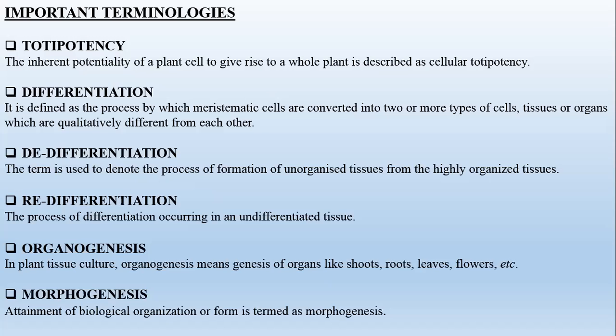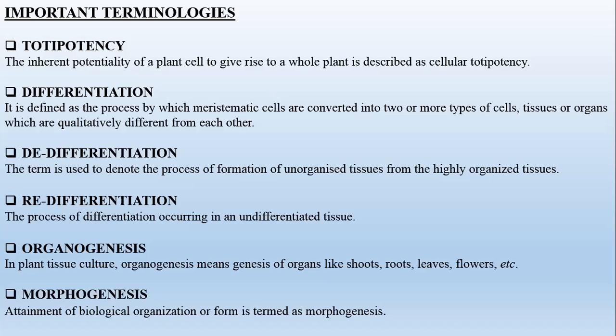Organogenesis. What is this organogenesis? As we know, genesis is the starting of a particular process or a developing process, and here it is organogenesis, that is, formation of organs. In plant tissue culture, organogenesis means genesis of organs like shoots, roots, leaves, and flowers.